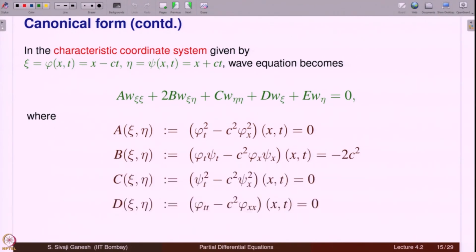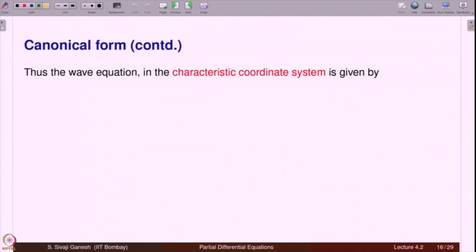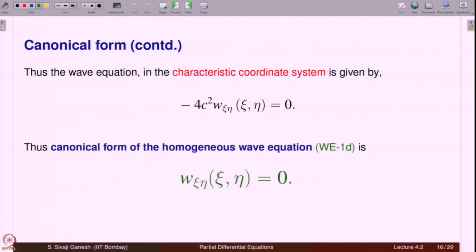C is 0, D is also 0, E is also 0. So, therefore, the equation that we have is minus 4c square w xi eta is 0. Of course, c is non-zero, we can just cancel this and you get w xi eta is 0. This is the canonical form of the homogeneous wave equation.